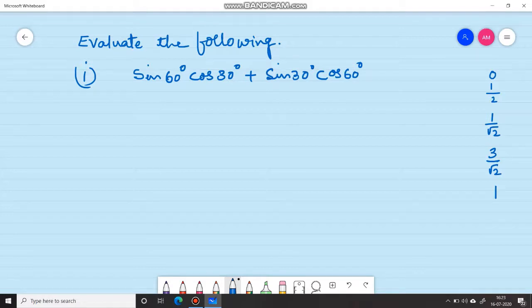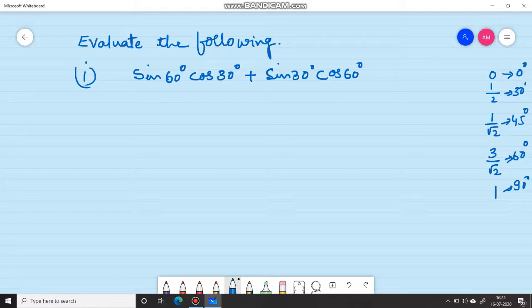This is the value of sin 0, sin 30, sin 45, sin 60 and this was sin 90. If you keep in mind this much of the first row, you will be able to solve these types of sums without any difficulty.